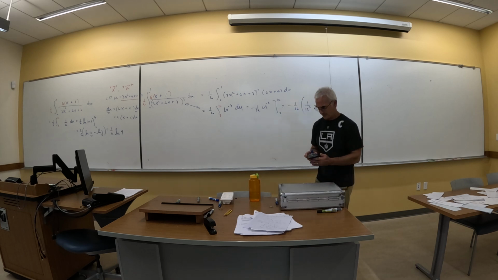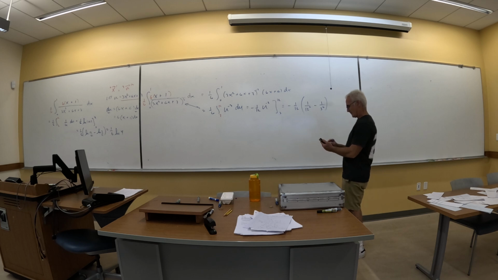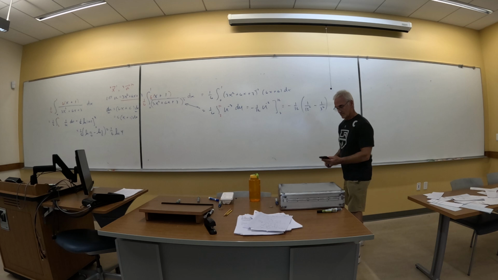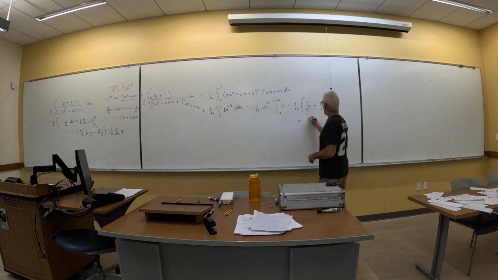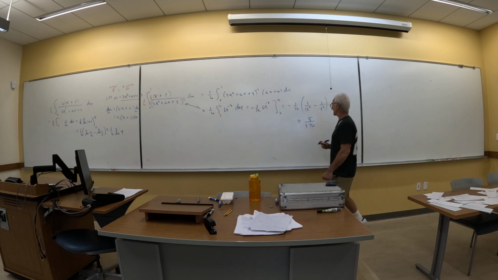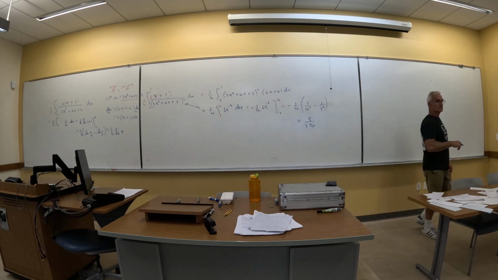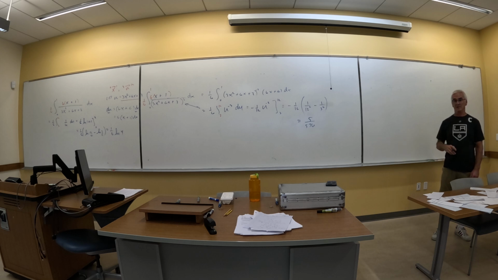Now let's see what we get. Anybody got an answer? 5 over 576. 5 over 576. Okay? Worked out pretty nicely.